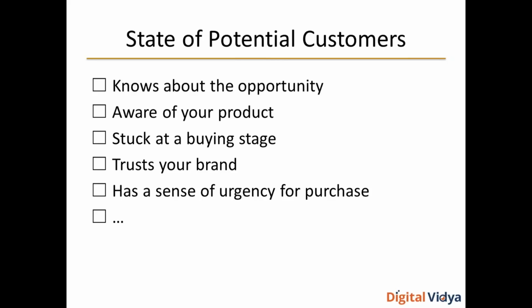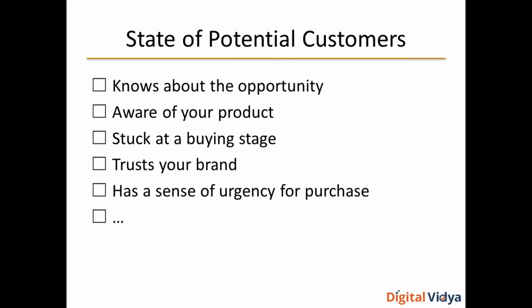For example, if I am selling a washing machine, the opportunity is automatic washing machine. Simple. Somebody who is aware of your product, somebody who is stuck at a buying stage, somebody who trusts your brand, and somebody who has a sense of urgency for purchase.